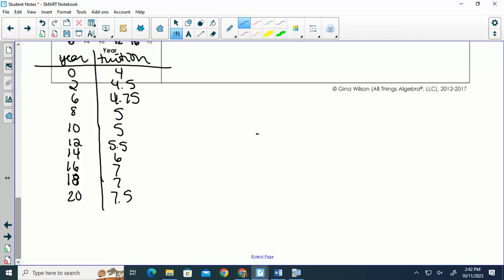So if you have the scatter plot, you have to read the points from it. And now I'm going to put those in my L1 and L2.